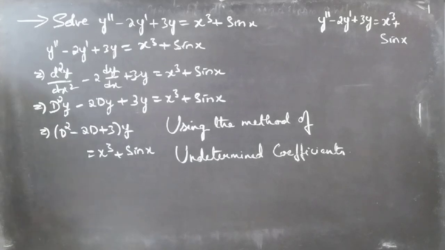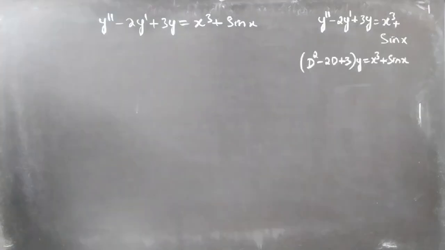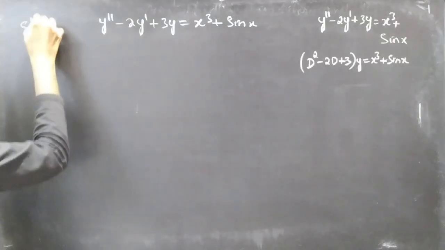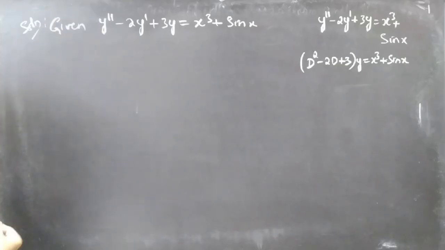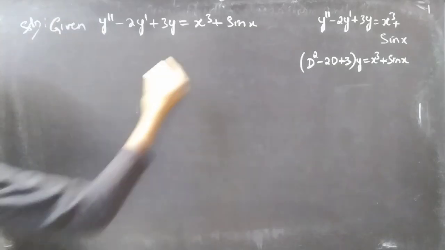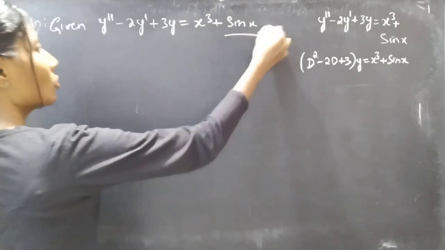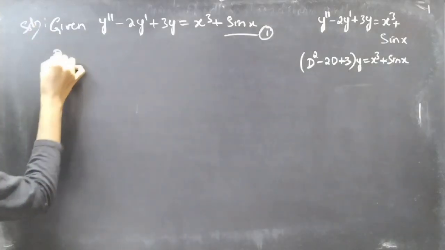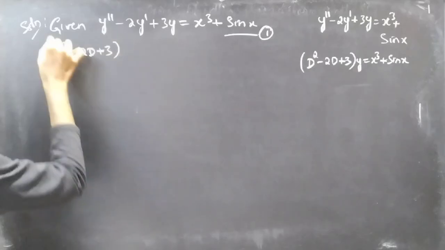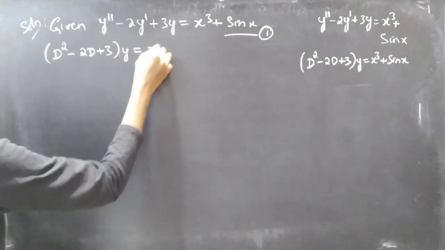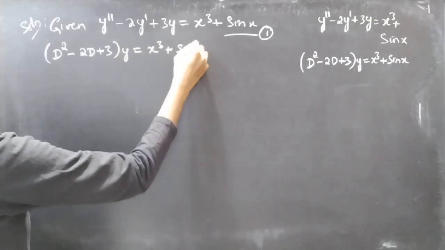Okay. Now coming to the problem. Given y double dash minus 2y dash plus 3y equal to x cube plus sin x, consider as equation number 1. And also we can write the same equation as D square minus 2D plus 3 into y equal to x cube plus sin x, right?